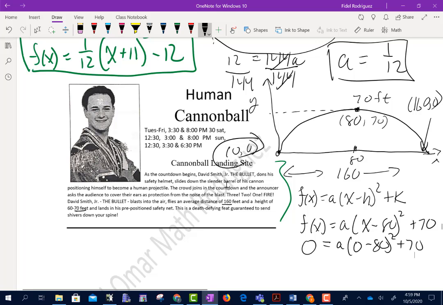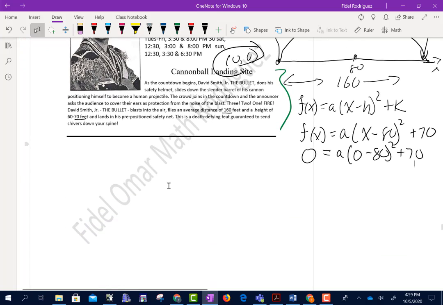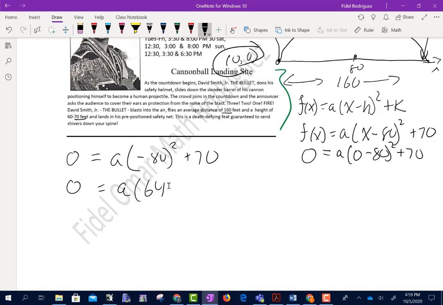Let me scroll down just a little bit so I have enough room. So 0 equals a times (0 minus 80, which is negative 80) squared plus 70. Negative 80 squared should be 6,400, plus 70. I'm going to move this 70 over, and it becomes a negative.